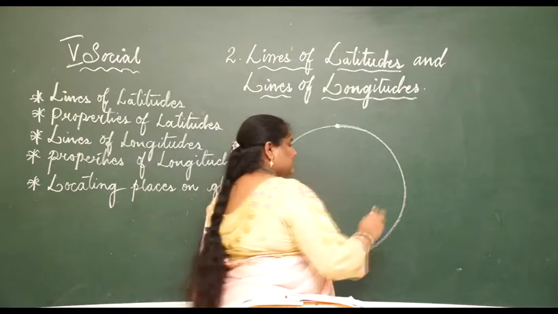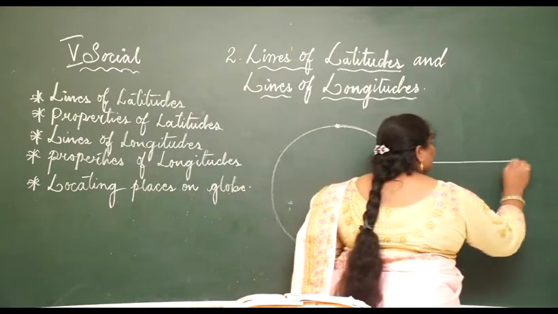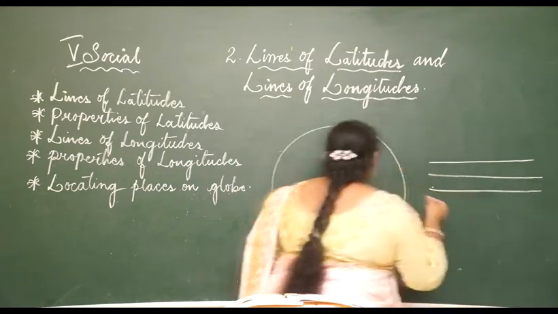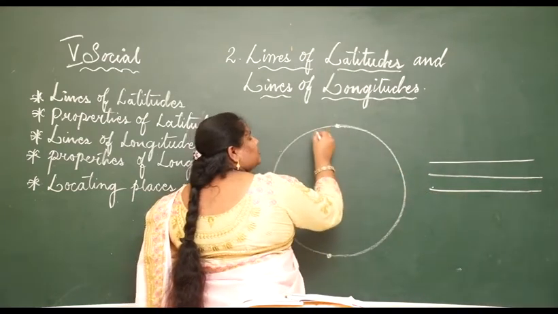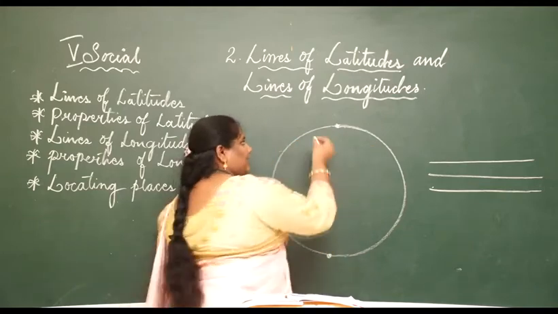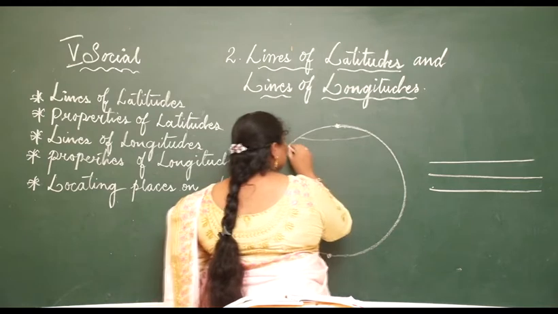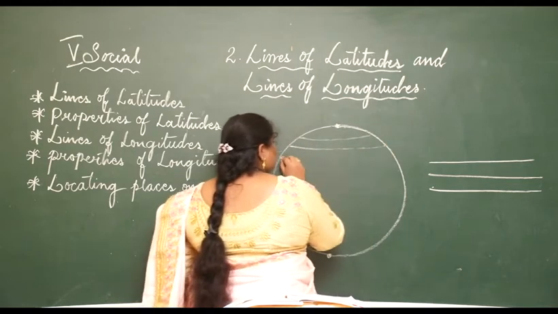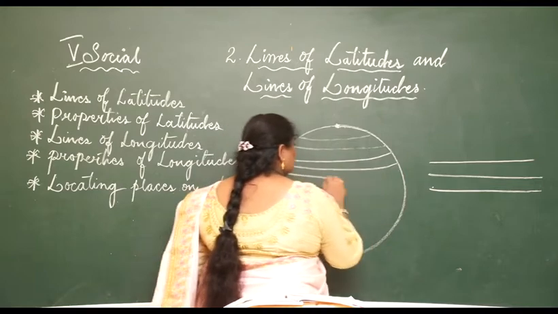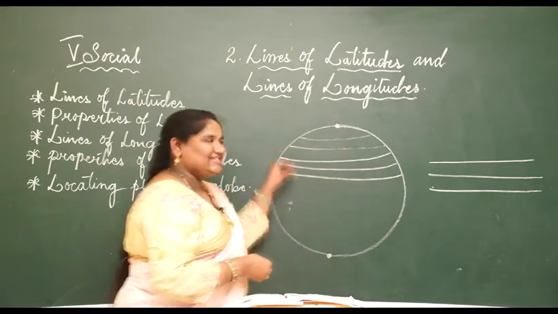Latitudes are nothing but horizontal lines like this, which are circles drawn. When you draw a circle on a wall, how does it appear? Like that. These are called latitudes, which are also called sleeping lines. So these are all at equal distances.